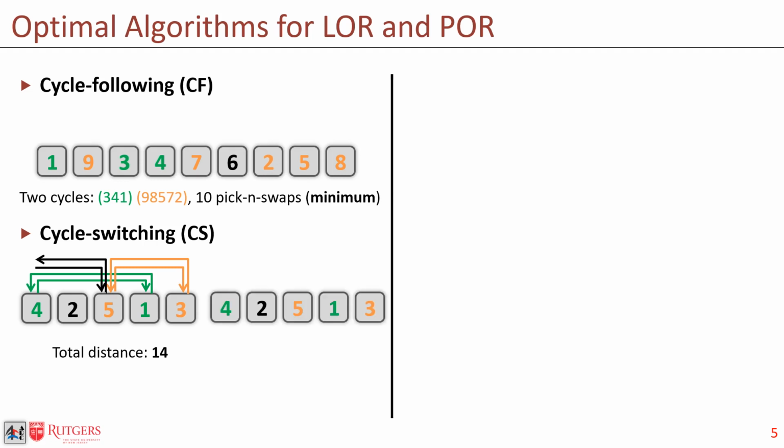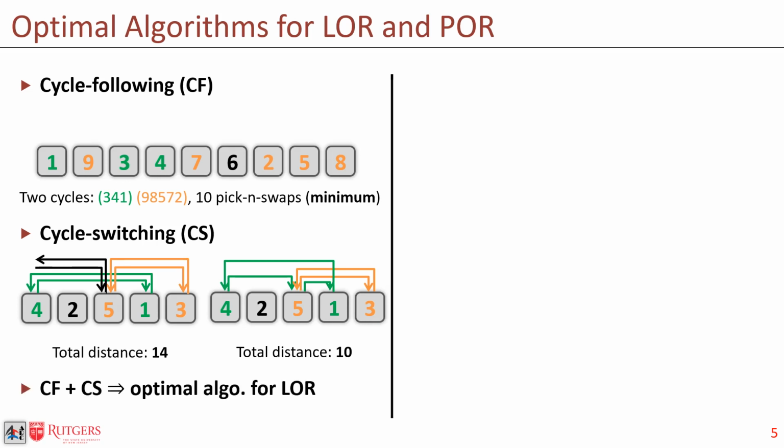If we switch in the middle, that is, we start cycle 5-3 before finishing 4-1 and then continue with 4-1, we can actually save 4 units of distance traveled without adding more pick and swaps. Together, cycle following and cycle switching yields an optimal algorithm for LOR.